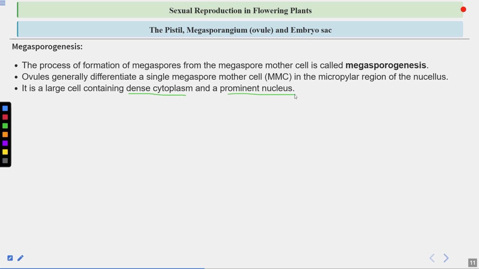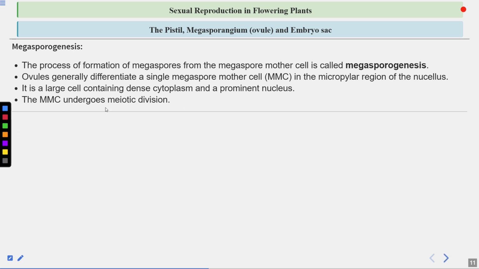One cell becomes distinct from the other cells of the nucellus by accumulating more cytoplasm, and you can see a very clear prominent nucleus in that cell. The other nucellus cells do not have such a prominent nucleus, but this megaspore mother cell becomes very large in size, accumulating dense cytoplasm and a prominent nucleus.